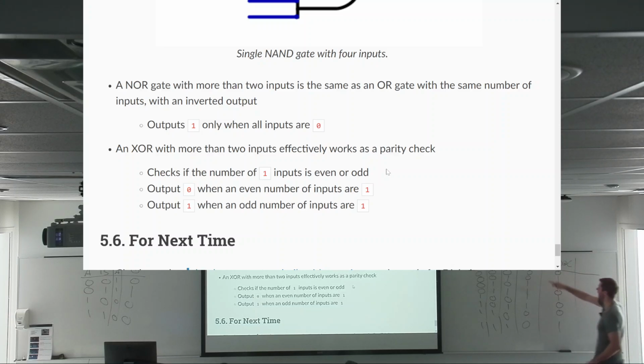All I did was A XOR B. These two columns I looked at, I ignored C, and then I took the result of A XOR B with C to generate this column. I did exclusive OR on these two columns. 0, 1's 1, 1's 1, both false, 1, 0, 0, 1. What observation can we make? 1 is an odd number of 1s. Sometimes we call this a parity check.